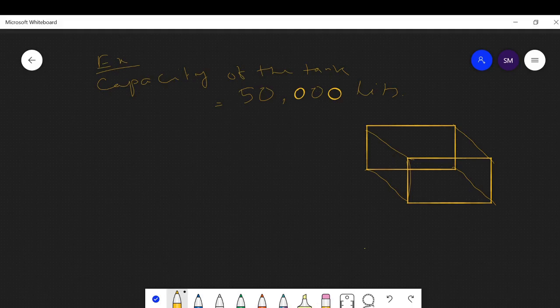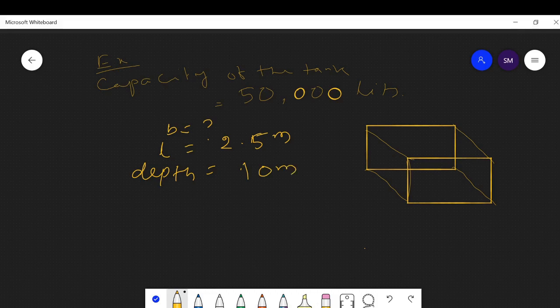We don't know what is breadth, but length of the tank is given. Length is 2.5 meter, and depth means height. Depth is equal to 10 meter.